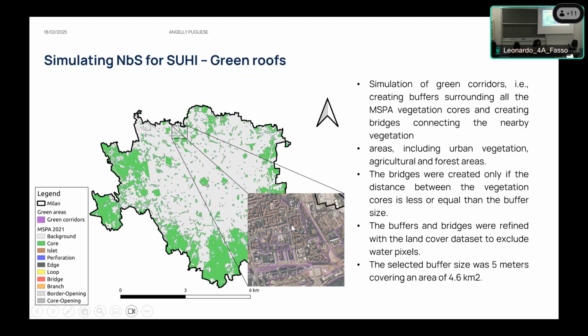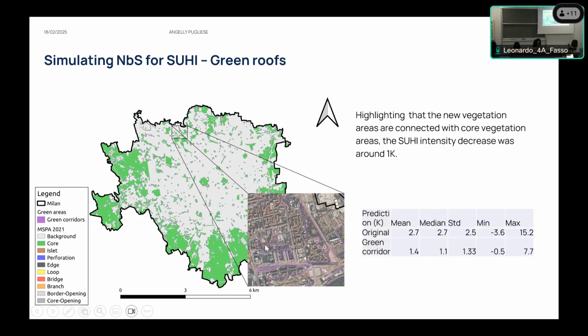Here, I don't know if you can appreciate much, but here are some of the green corridors and the bridges. So these were the results. There was a decrease of around 1K, but we must consider that these were already one of the classes having the lowest surface urban heat island intensity, because we had the urban vegetation.